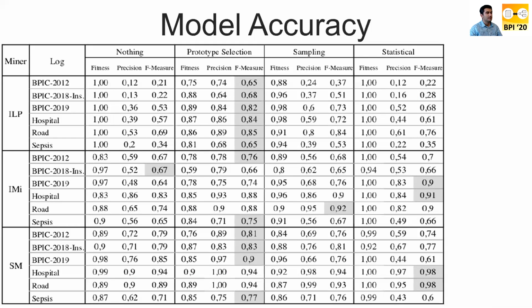We can see that without using any pre-processing method, we have very similar results compared to the case that we use a statistical sampling method. And using our method, that is prototype selection, we usually have a better trade-off between fitness and precision, and consequently we have a higher F measure.